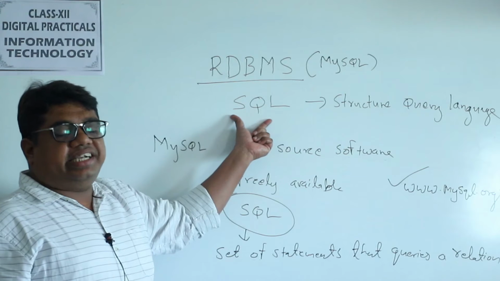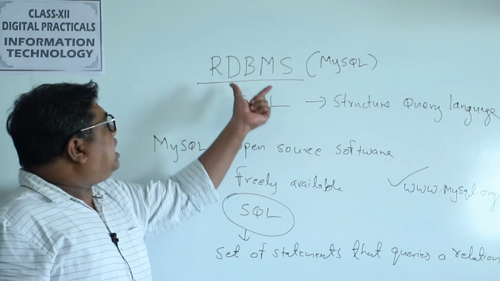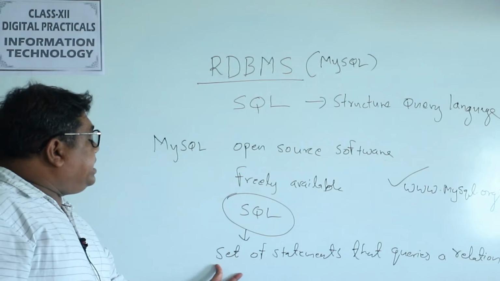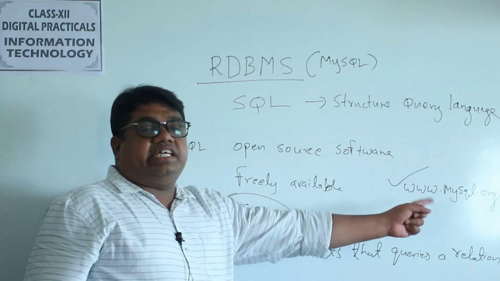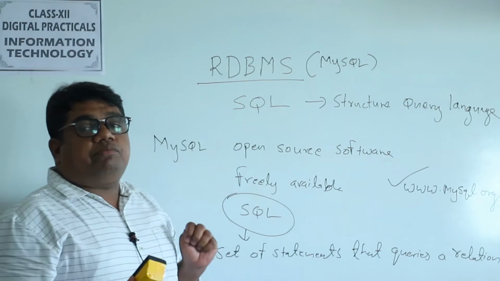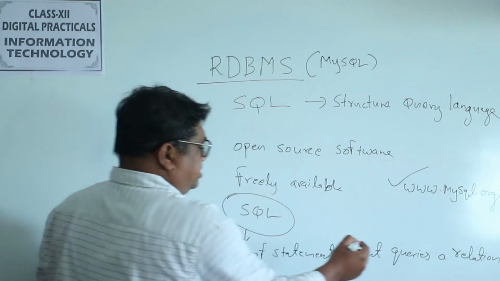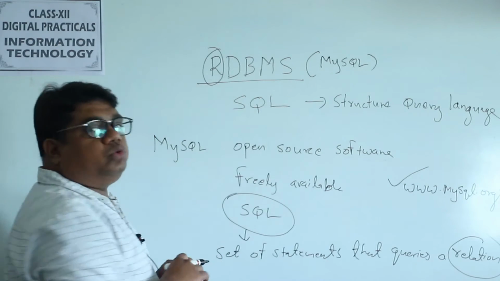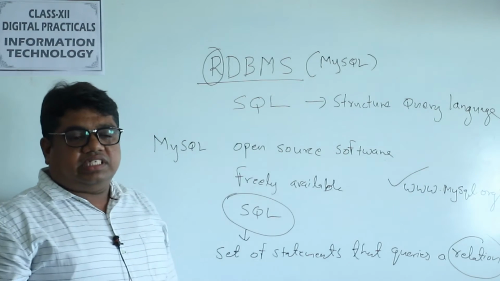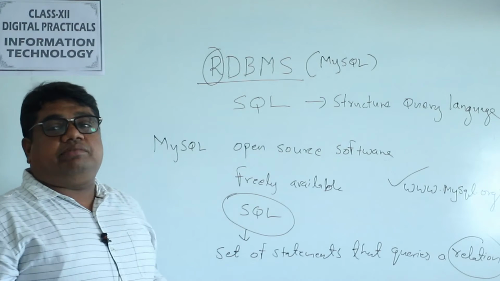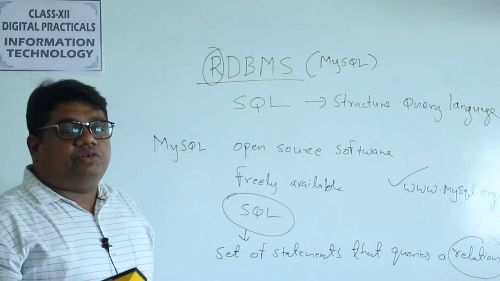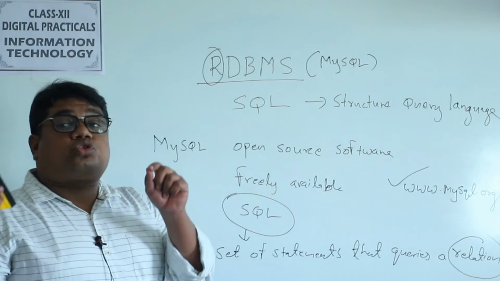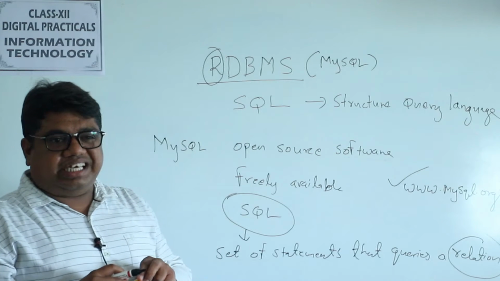It's a standard that is used for all RDBMS systems. Now we'll come to the point, what is a relation? In RDBMS, a table is referred to as a relation. A relation is a rectangular structure which consists of rows and columns, where we store data.